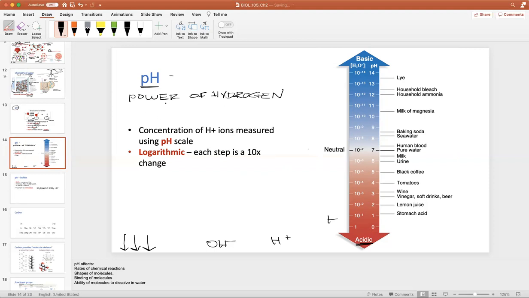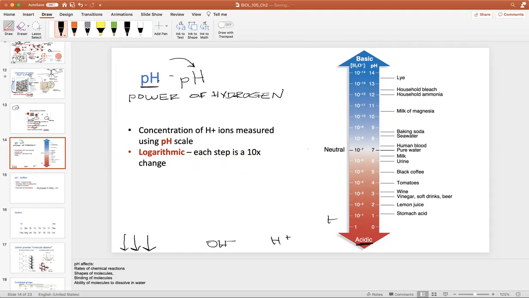I won't make you remember that, but I just kind of wanted you to know where it comes from, because if you're like me, you maybe wondered why pH is always written with a lowercase p, but an uppercase H. The H is the chemical symbol for hydrogen, which is always capitalized, but the little p is just for the power part. So that might help you remember where that comes from.